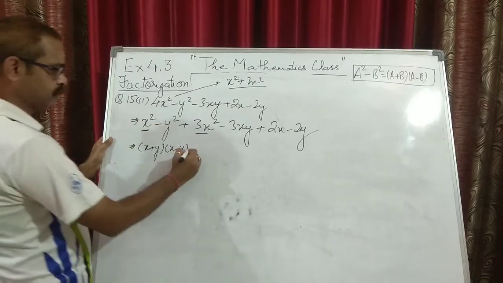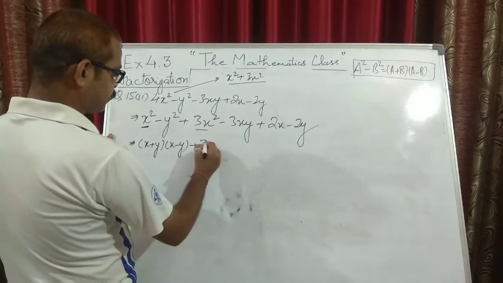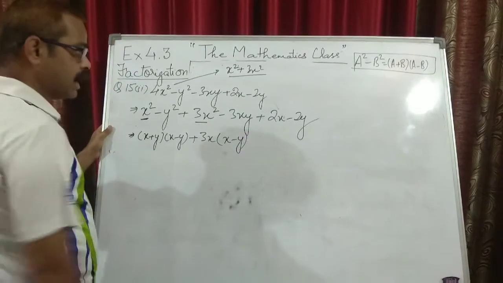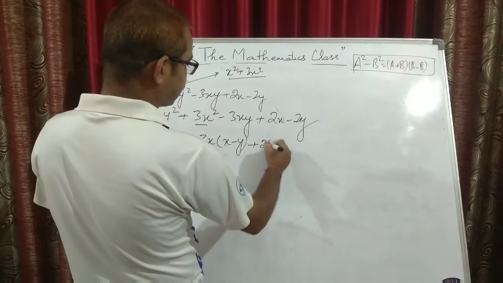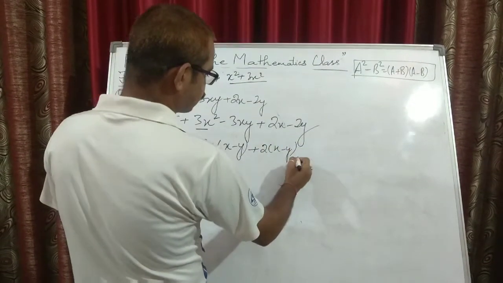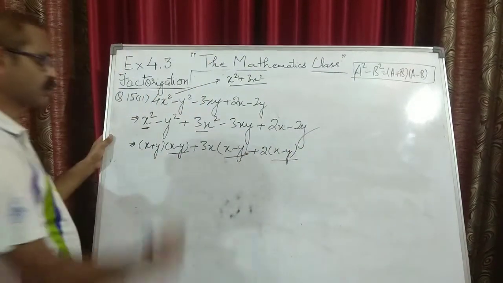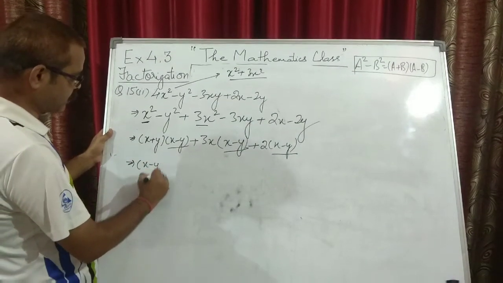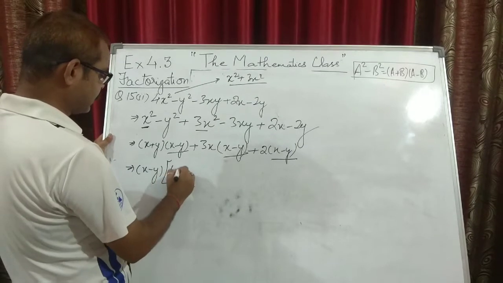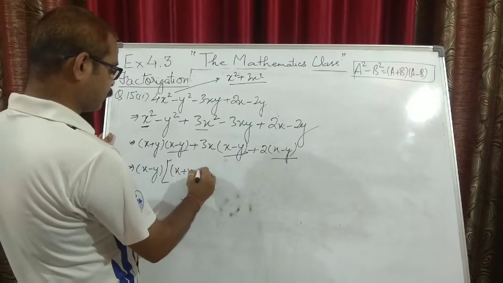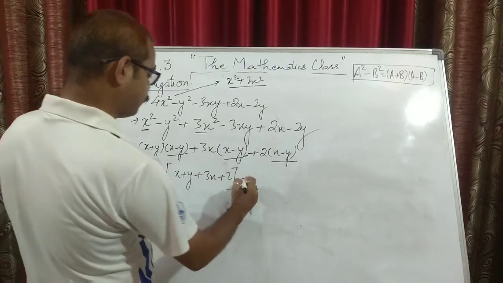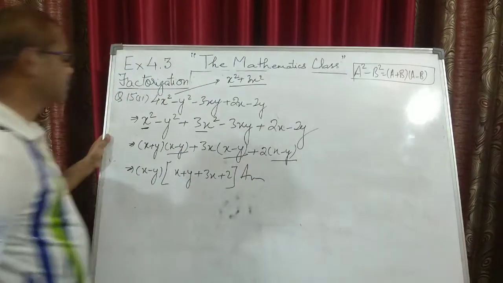From this if we take 3x common, we are left with x minus y. And in the next if we take 2 common, we are again left with x minus y. So simply we will take x minus y common, and whatever is left, x plus y plus 3x plus 2, that is the final value.